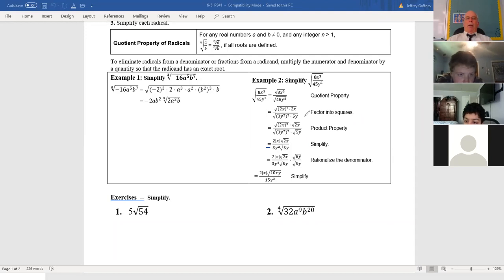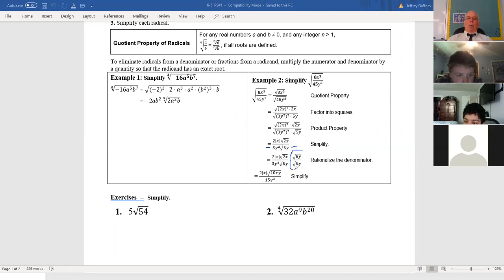Now, this is a little tricky and a little complex. Use this as a good example. To simplify, they do not want any radicals in the denominator, which you've got. So how do we fix that? Remember, what I do to one side of the equation, I can do to the other as long as I do it exactly the same.